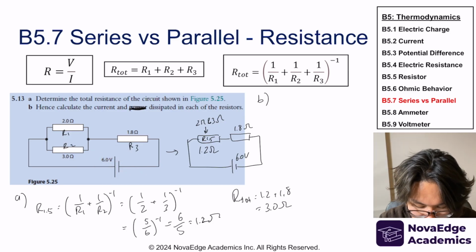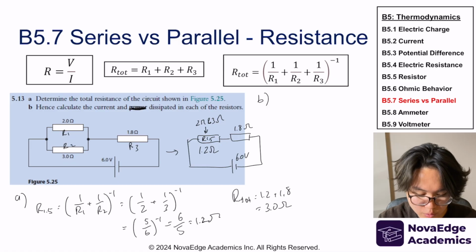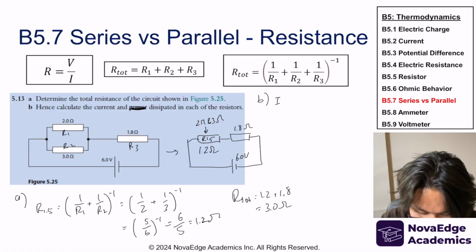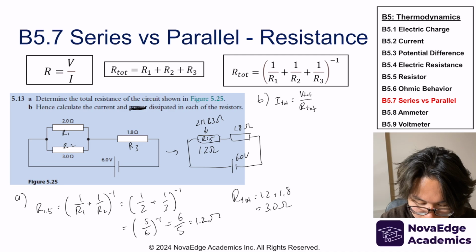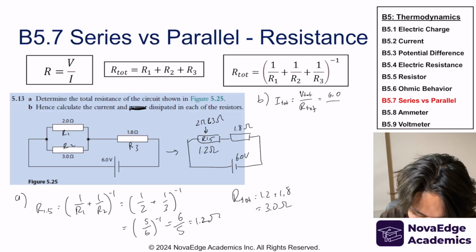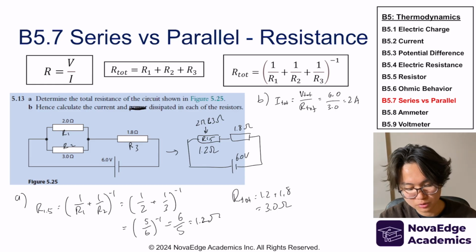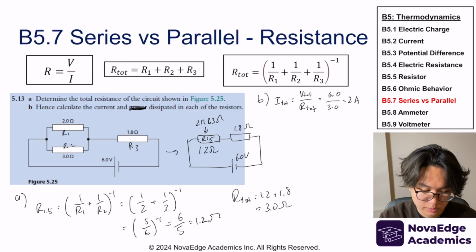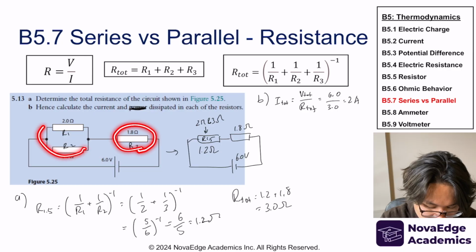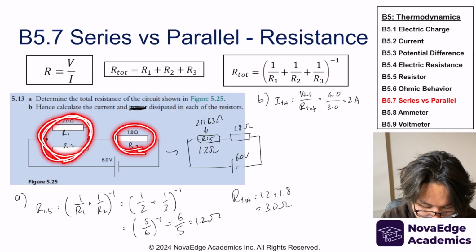Well, if I know V total, I can find the total current, because I total is equal to V total over R total. That's following Ohm's law. So that's going to be equal to 6.0 divided by 3.0, 2 amps. So now I know the total current. Now, would you say that this is in series with these two? They are in series to each other.